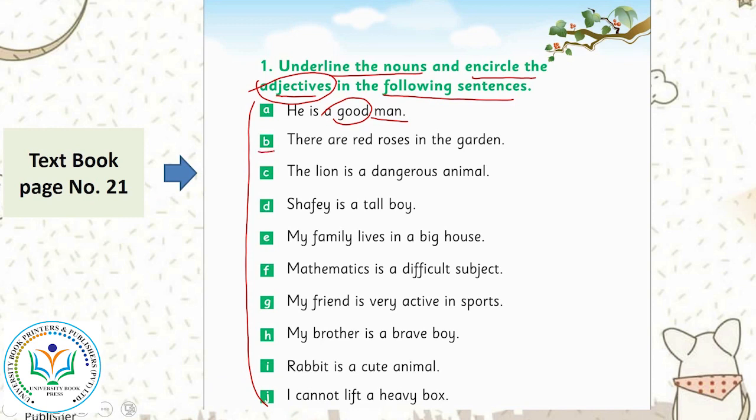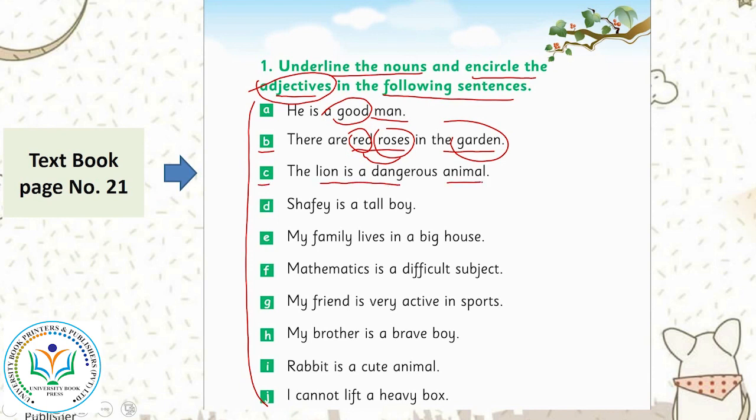B, there are red roses in the garden. We have 2 nouns here, the garden and the roses. But here, the color, the describing word or the adjective is red, which is describing roses, that roses are red. C, the lion is a dangerous animal.